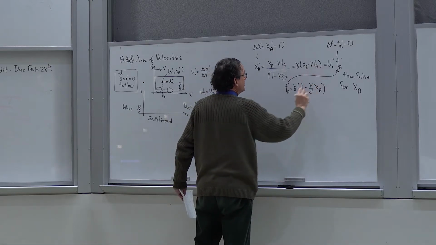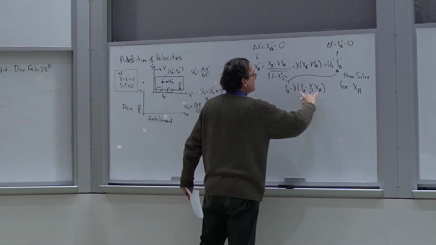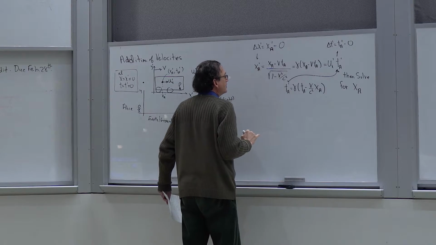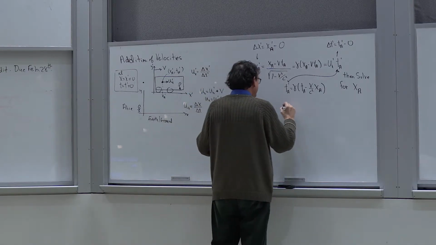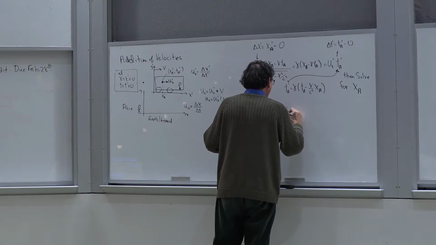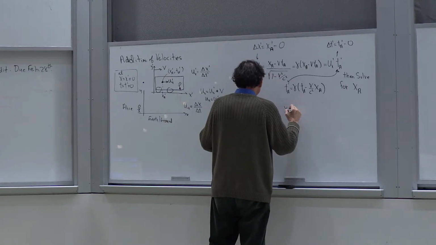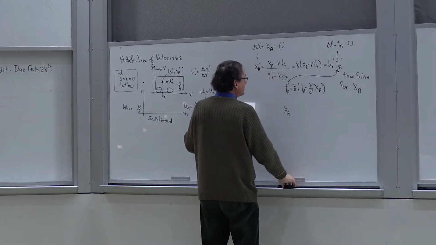Everyone can see what I'm doing. I'm putting this expression for ta prime in over here, and now I'm going to solve for x sub a. I'm sorry, we're solving for x sub a.